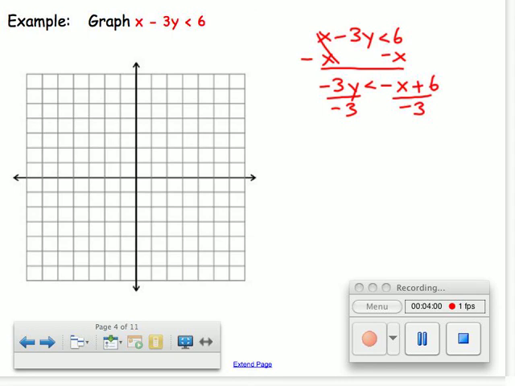So this inequality in slope-intercept form becomes y is greater than 1/3 x, because -1 divided by -3 can't be written as a whole number, so we leave it as 1/3, and 6 divided by -3 is -2. So in that inequality, I have my slope and I have my y-intercept. My y-intercept, after I label my axes, is -2.